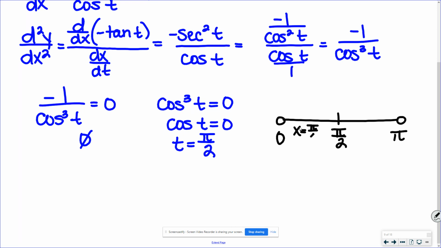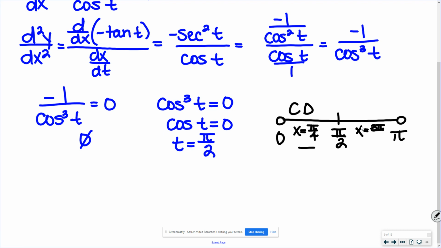Let's say pi/4 would work. And I'm going to plug that into my second derivative to see whether it would be positive or negative. So I'm going to go to my second derivative right here. Cos of pi/4 is radical 2 over 2. If I cube that, it's still positive, but then I divide by a negative, and so I get a negative, which means that my function would be concave down in that interval.